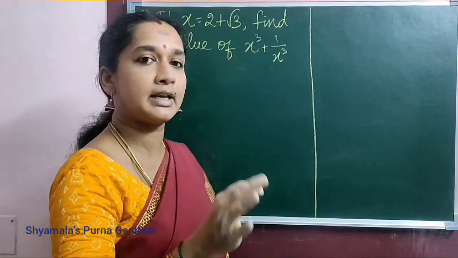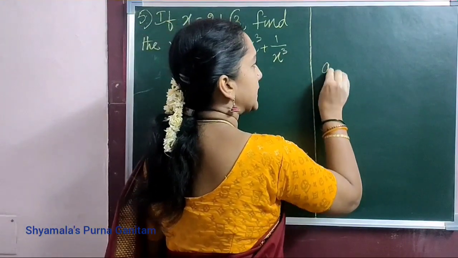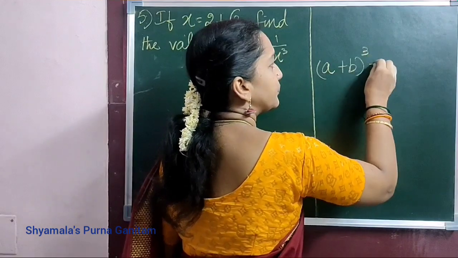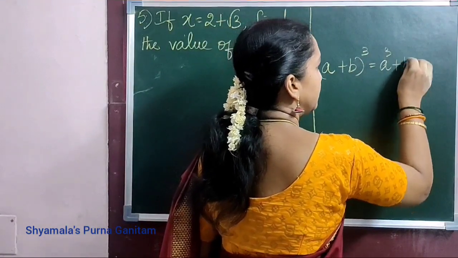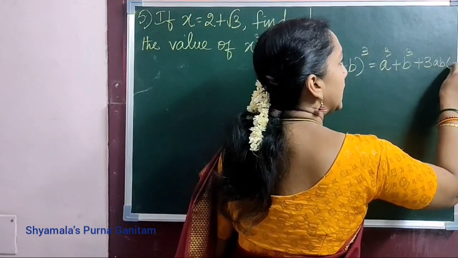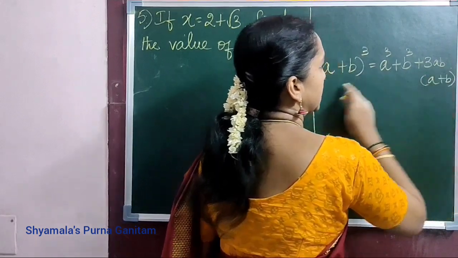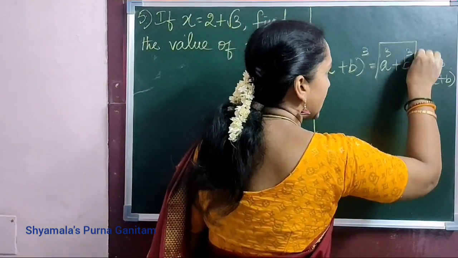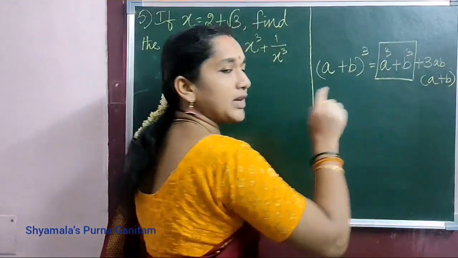So the formula we are going to use is a plus b the whole cube is equal to, you know this identity, a cube plus b cube plus 3ab into a plus b. 3ab into a plus b. This is the identity. So they have given you the value, they are asking you to find the value of this. So the remaining things are very simple.